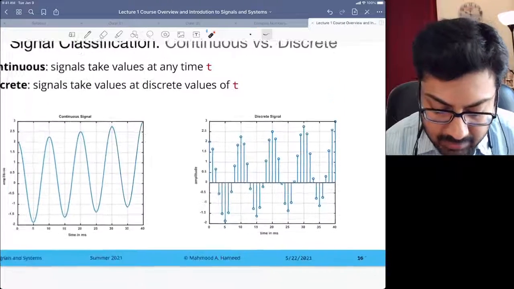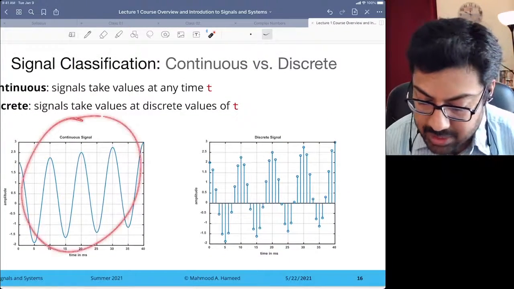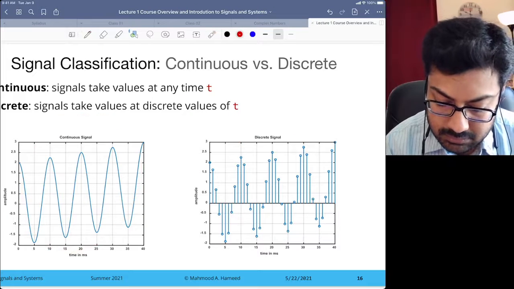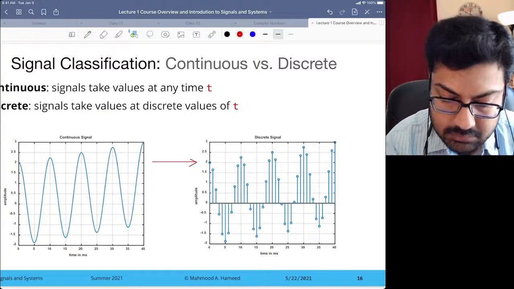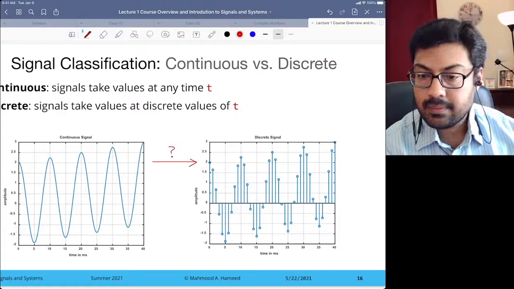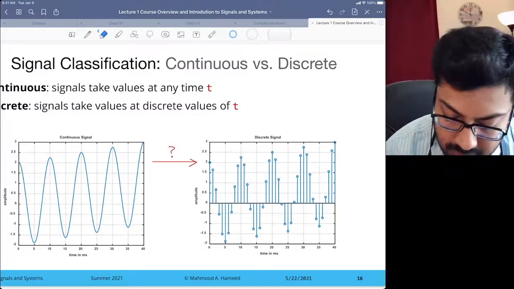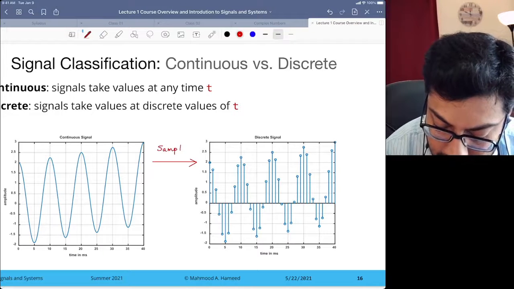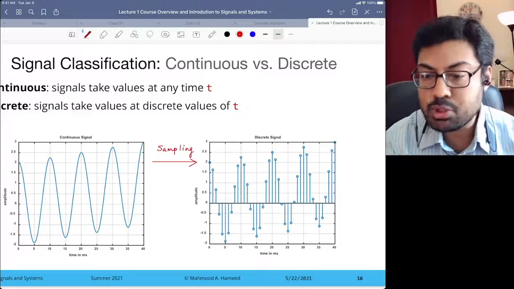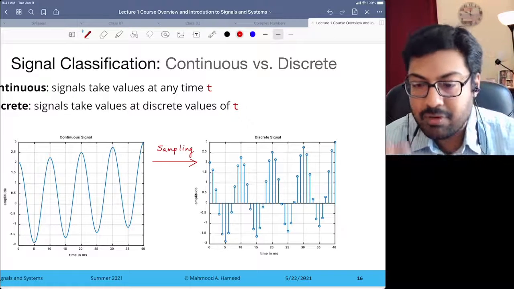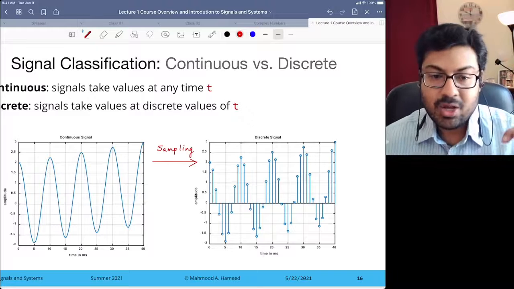So what did we do here? How did we go from a continuous signal to a discrete signal? How did we go here? Sampling. There you go. All right. So if you do sampling, you go from continuous to discrete. Quantizing happens later on, right?